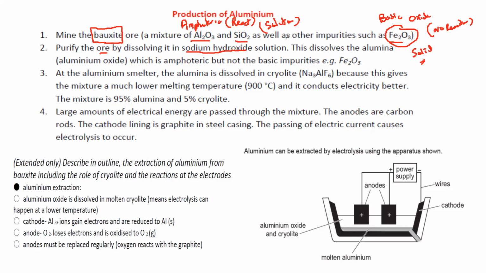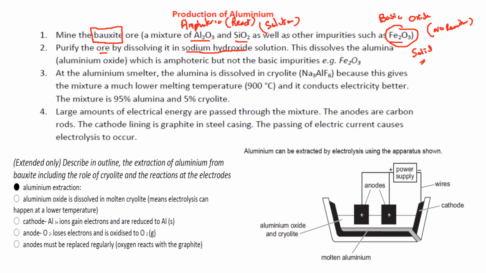So first, we have an ore of aluminium, which is aluminium oxide, and this aluminium oxide contains impurities such as iron 3 oxide. So we add sodium hydroxide. Iron 3 oxide is a basic oxide which does not dissolve and remains as a solid, whereas aluminium oxide is an amphoteric oxide, so it can dissolve or react with both acid and alkali.